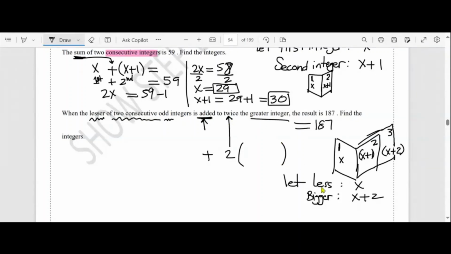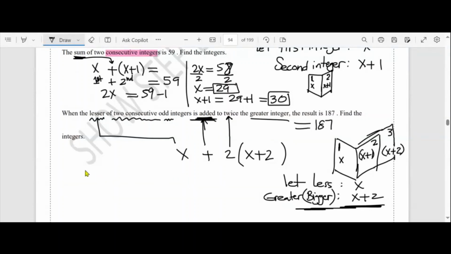What does twice mean? 2. Added means plus. What's the greater integer? X plus 2. We call it bigger, right? And the lesser is x.